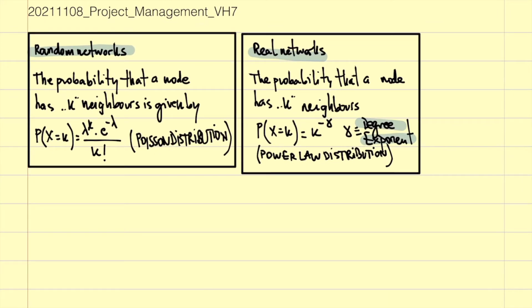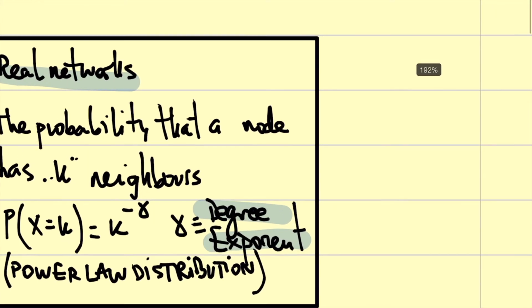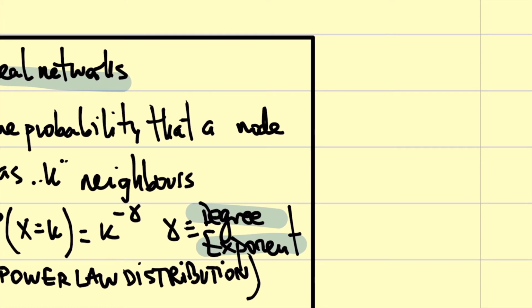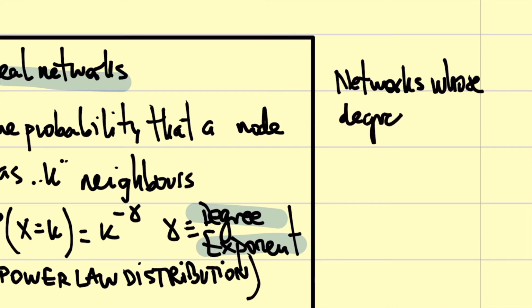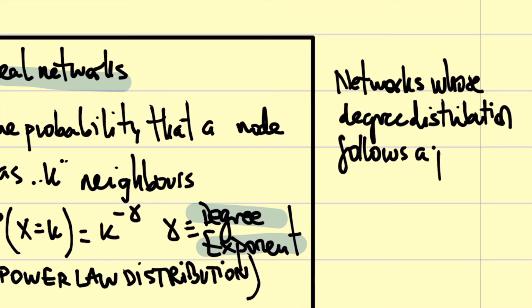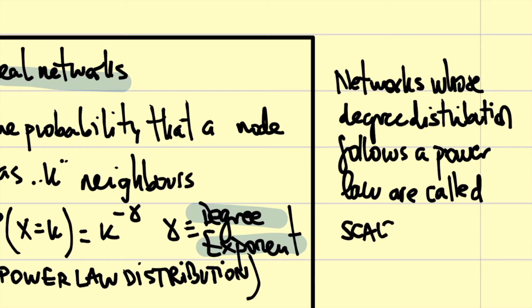Okay, so definitions. Networks whose degree distribution follows a power law are called scale-free networks.